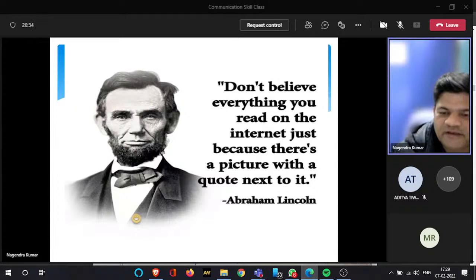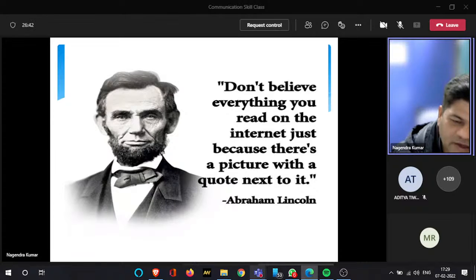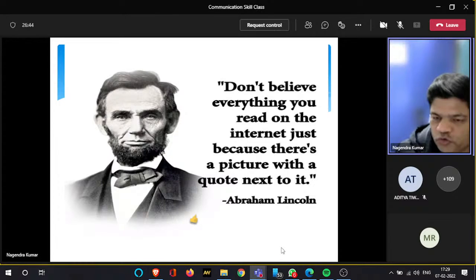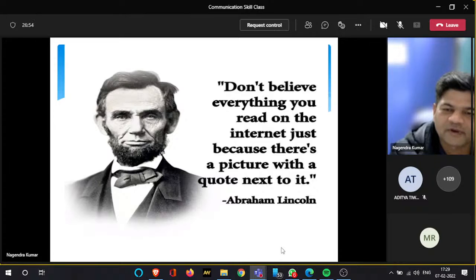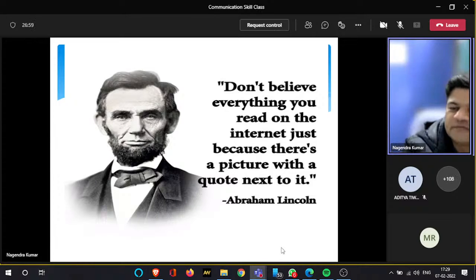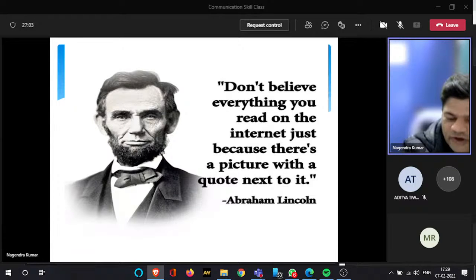Well, he said it long back, but friends, you can still find it relevant, because there are a lot of people who are duping others by putting beautiful pictures, profile pictures or DPs, and making fake IDs. So the internet is a very powerful, colorful medium, but that is also its curse.